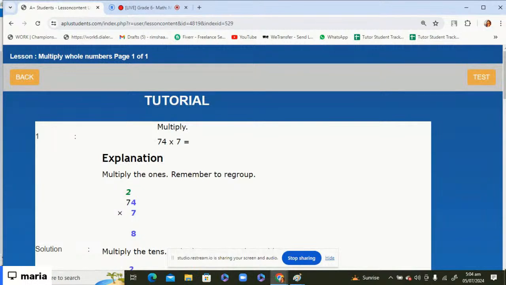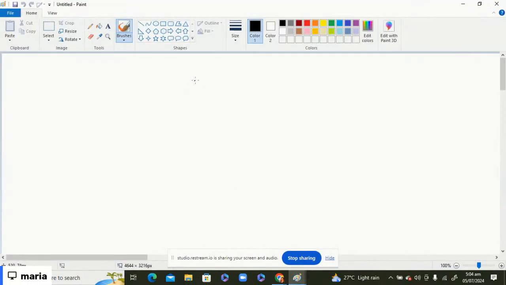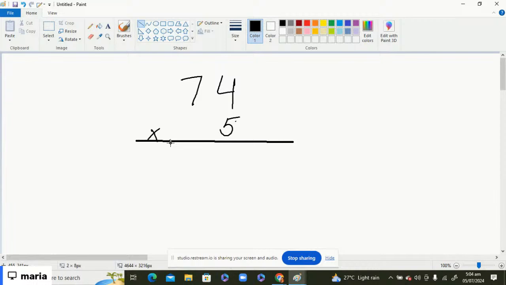So in this way we see what multiplication basically is, with a single digit. Let's get started with it. For example, if you have a number like 74 times 5, here we are going to multiply.